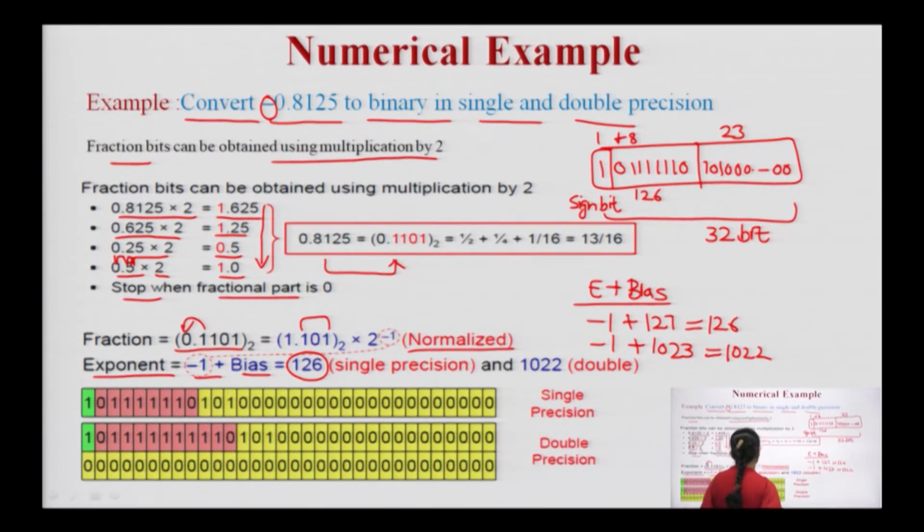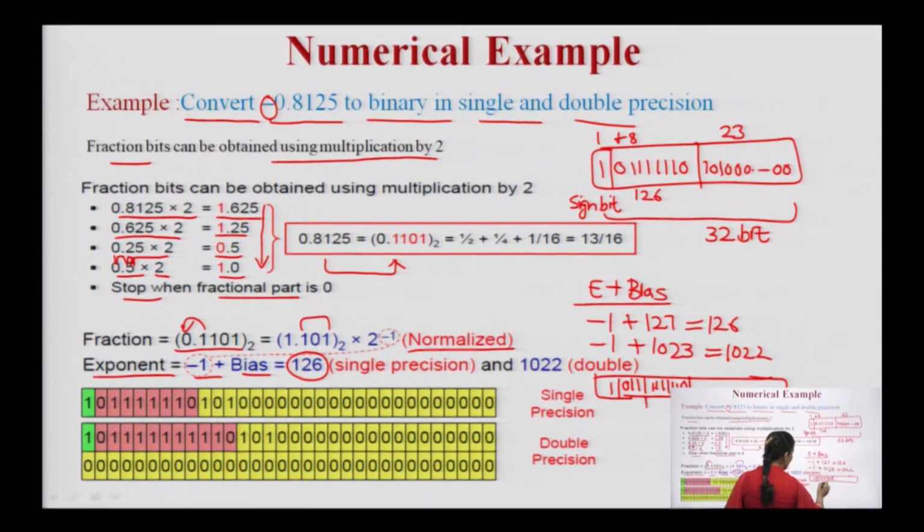Then taking the double precision part into consideration, again the sign bit is 1. So, I will write here 1, then writing the exponent part, that is of 11 bits in this case. The binary value of 1022 is 0, nine 1s and 0.